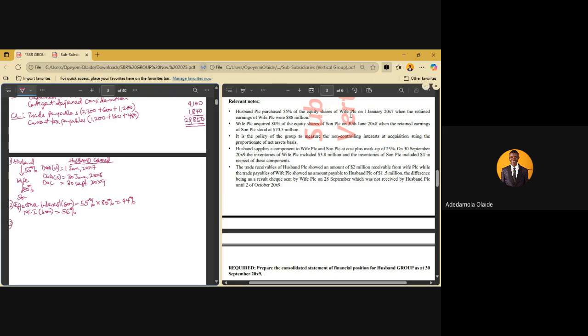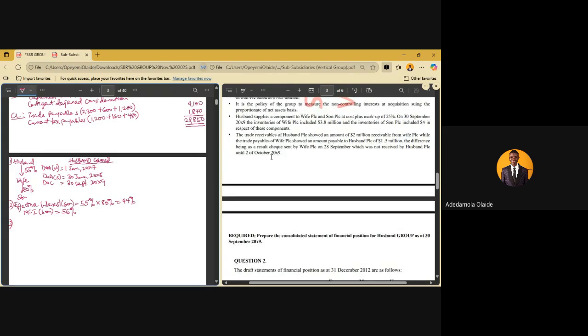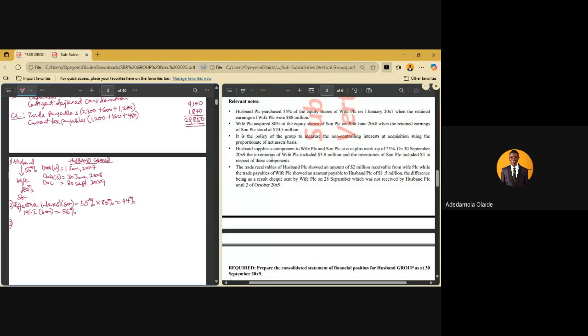What did they say? They said they measure NCI at proportionate share, good for us. Husband supplies a component to Wife and Son PLC at cost plus markup of 25%. On 30th September 20x9, the inventories of Wife included 3.8 million and the inventories of Son included 4 million in respect of this component. So that gives rise to unrealized profits. We have Husband to Wife.